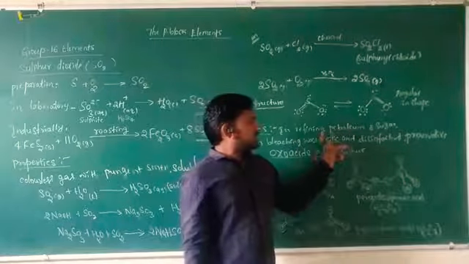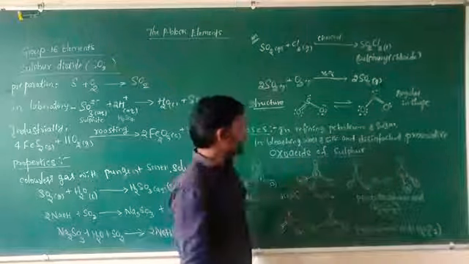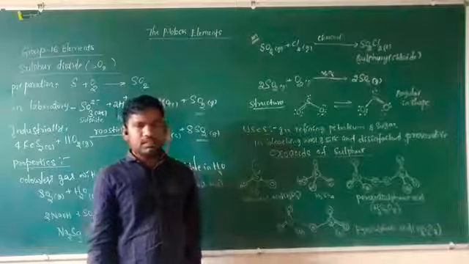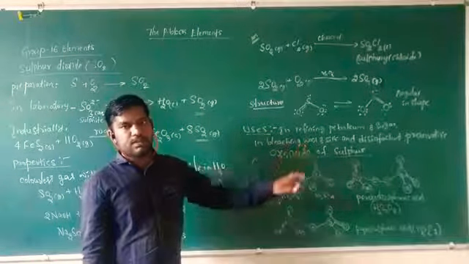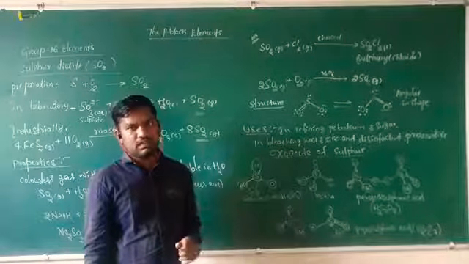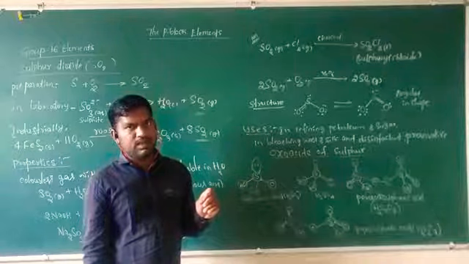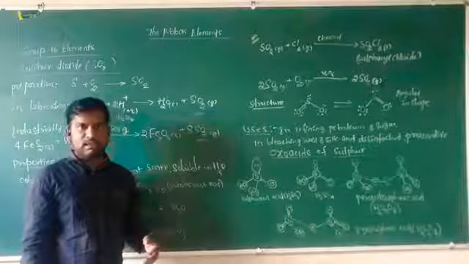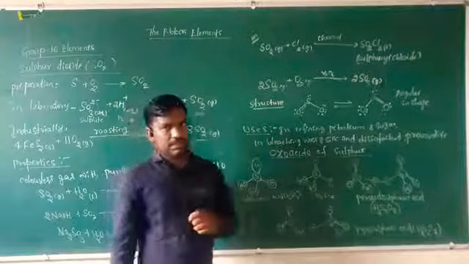Sulfur dioxide is used in the refining of petroleum and sugar, in the bleaching of wool and silk, and as a disinfectant and a preservative. It is also used in the manufacturing of H2SO4, sulfuric acid, sodium bisulfite, and calcium bisulfite.